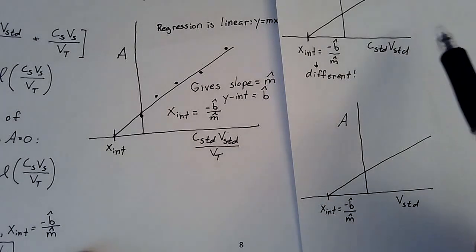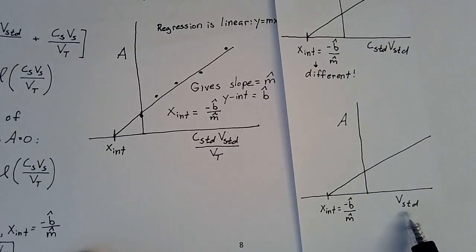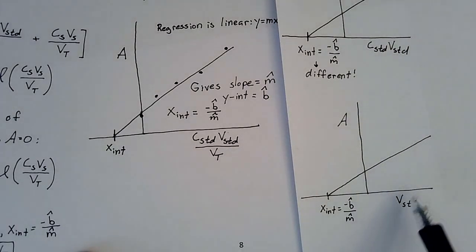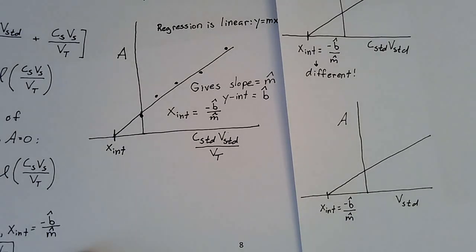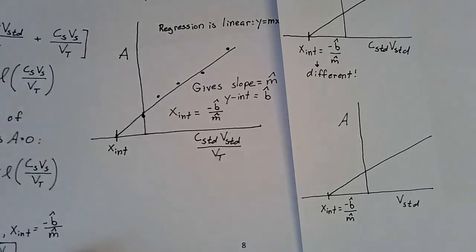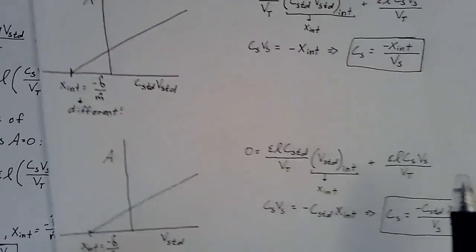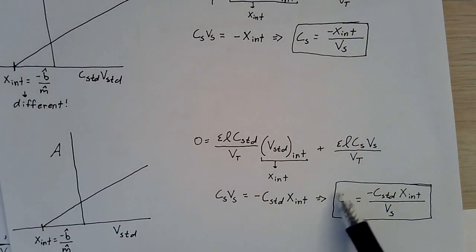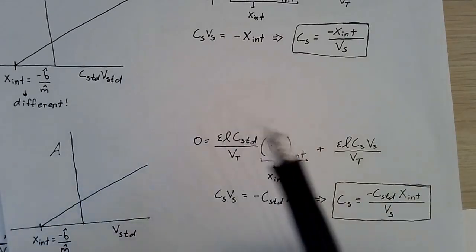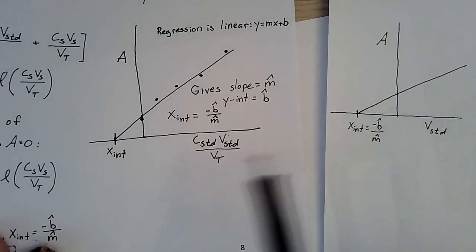But you see in all 3 methods, they include the volume of the standard added. And just make sure that you use the correct equation for evaluating the concentration of the sample solution that corresponds to the method of plotting that you used. Okay.